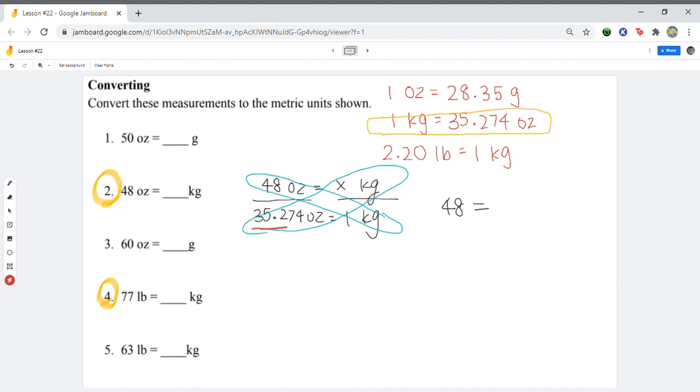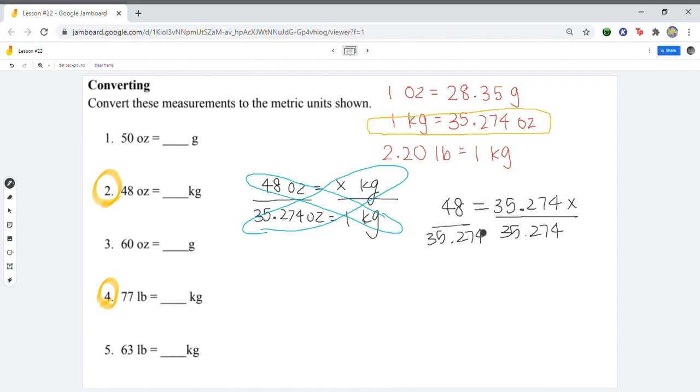So 35.274 times x, we know that as 35.274x. Before I set up this proportion, I established that the purpose of this is to find the x value. So we're going to isolate the x value over here by dividing both sides by 35.274. And this is where the calculator comes in, as I mentioned.